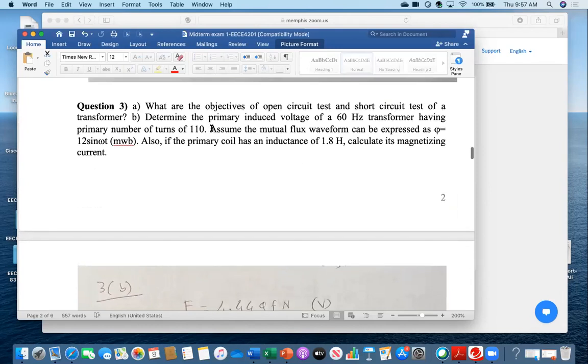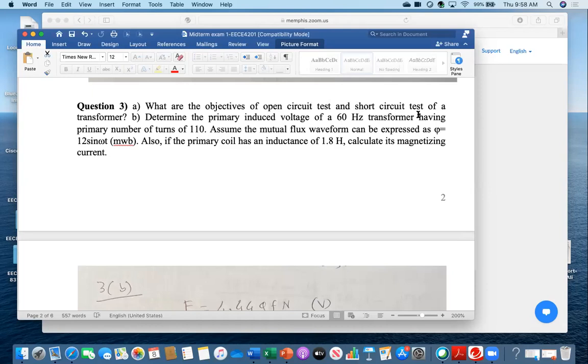question number 3 was, what are the objectives of open circuit test and short circuit test of a transformer? Most of you have written it down properly. Sometimes you wrote something deviated. The objective of the open circuit test is to get the core loss or constant losses, and the objective of the short circuit test is to get the copper losses or the variable loss.